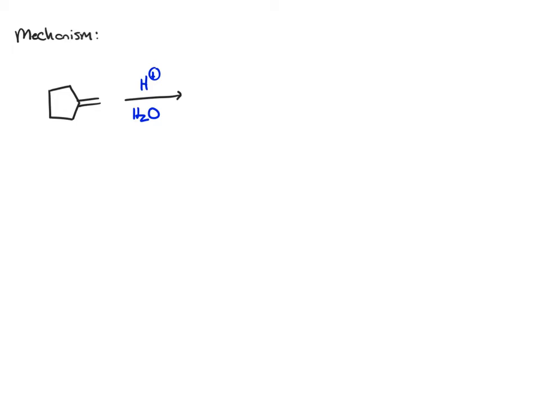It's the same thing. So we start with our alkene. We have acid and water. And put your pencil down on the double bond. Draw a curved arrow to the acid. We know this step here is called a proton transfer. When you do that, we now go from the double bond to the single bond.